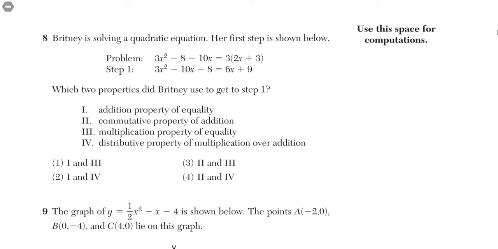Okay, so what she did in this step was she distributed 3 times 2x and 3 times 3, right? So she used the distributive property to multiply over addition. So it's 4. What else did she use?